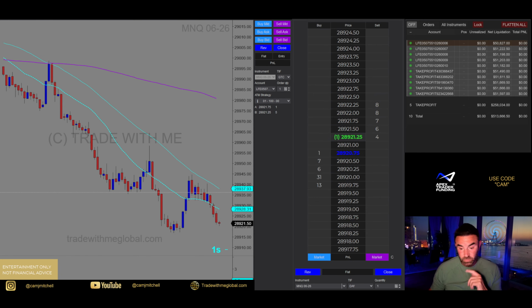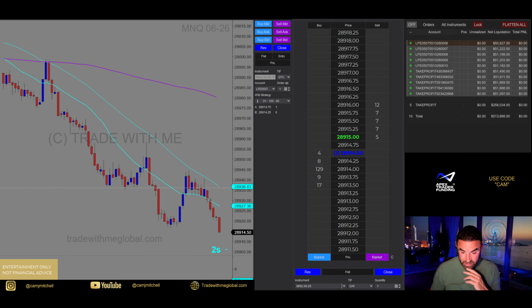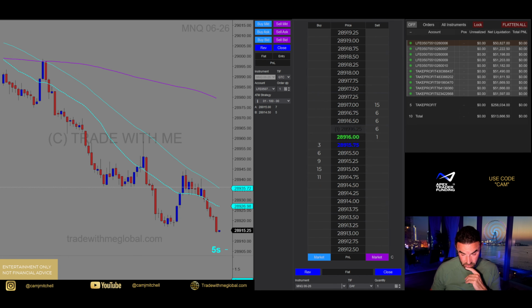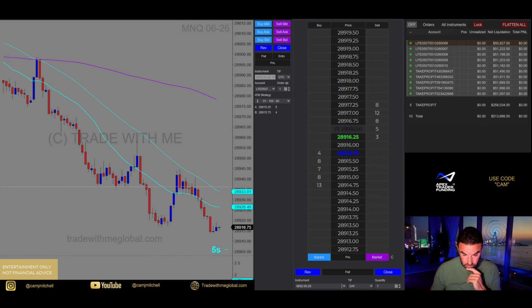Well, we're finally getting it. This is the pullback that we've been talking about. It's just not tradable. I did say we were due though.